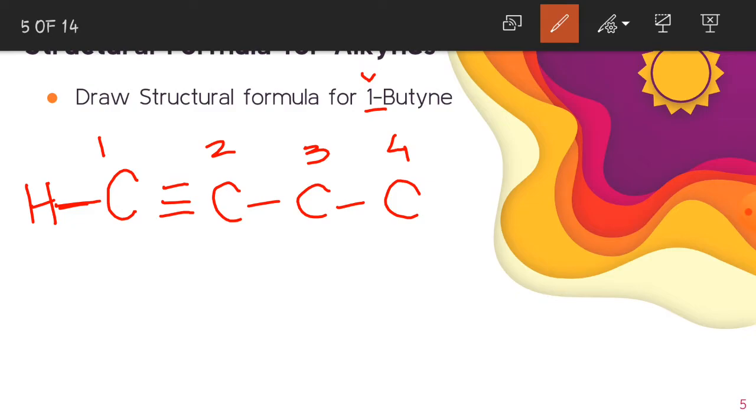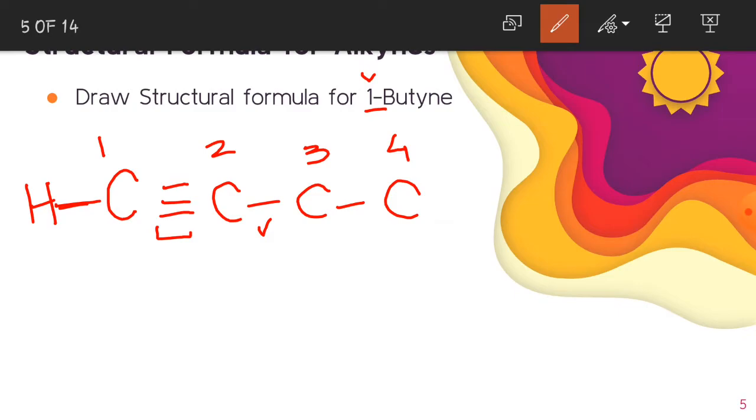Valency of carbon 1 is completed. If you look at carbon 2, then all the bonds of carbon have been formed. Carbon forms 4 bonds. So here carbon number 2 is forming 3 bonds, and at this position it is forming the 4th bond. So none of the hydrogen atoms will be attached to carbon number 2.